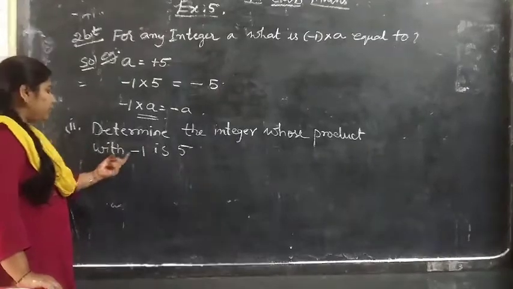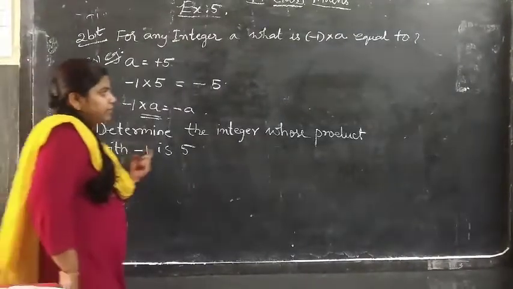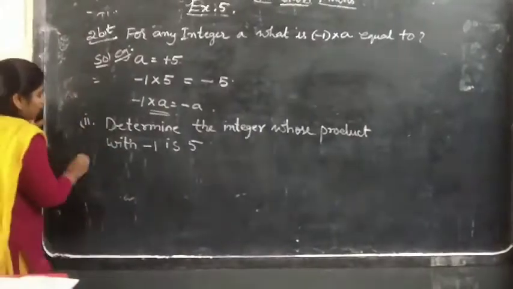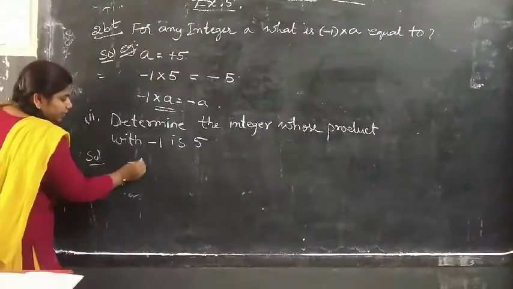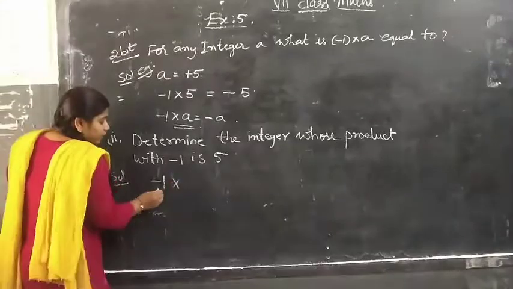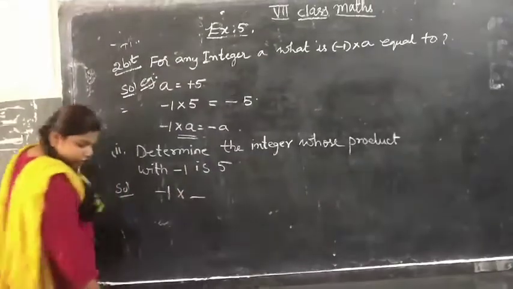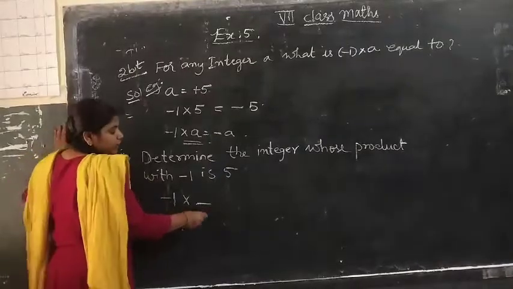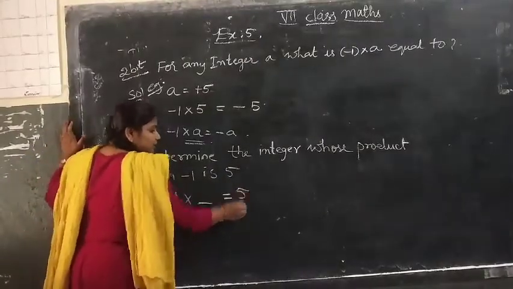So what is the question here? For minus 1, which integer will we multiply to get the result as 5? Which integer will you multiply to get the result as 5?